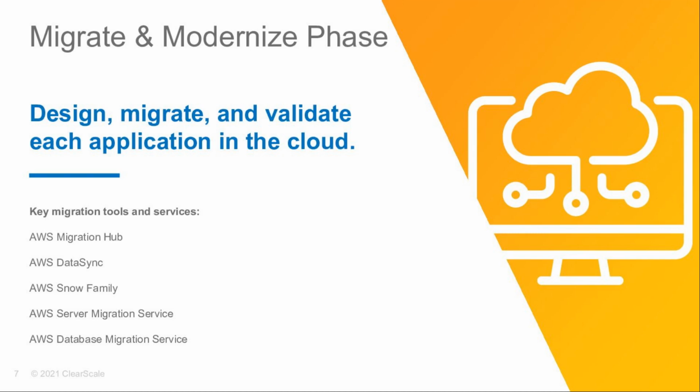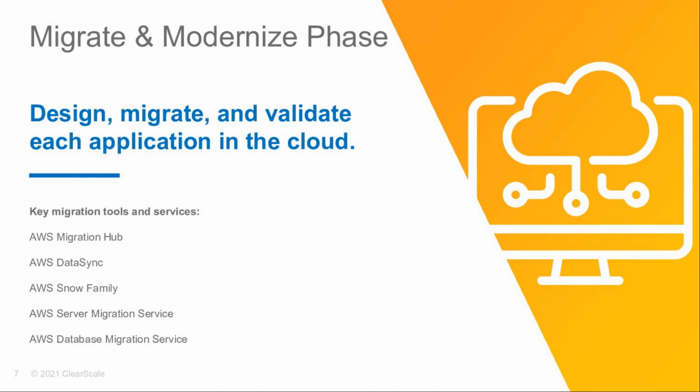Some of those tools will be AWS DataSync, the Snow family of devices. Those are either servers or little hard drives that you can get from AWS to copy your data and move it securely to AWS.